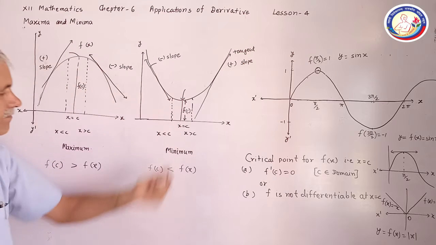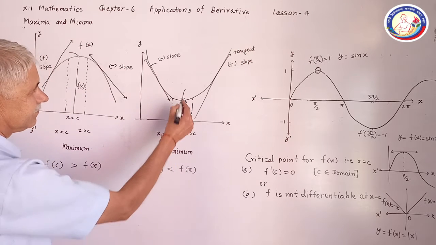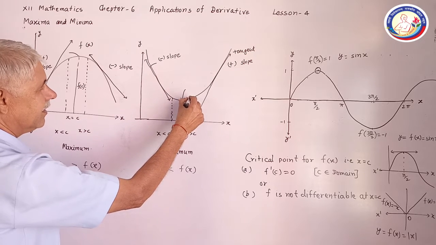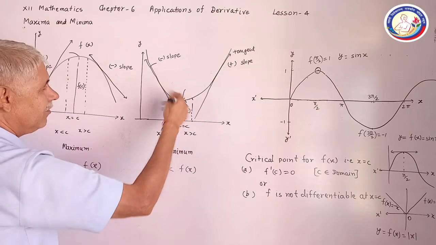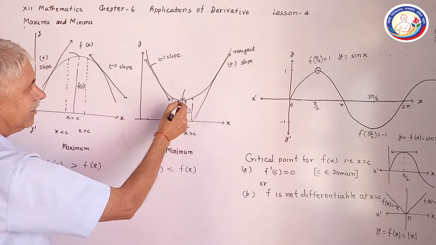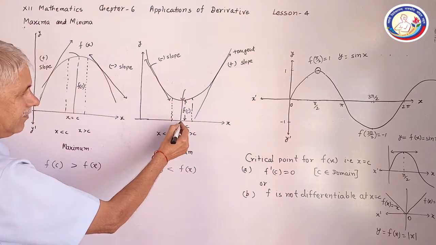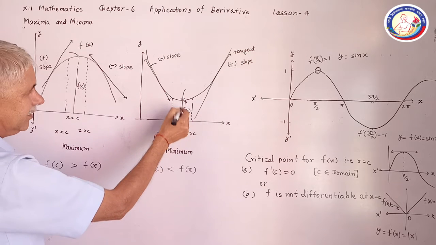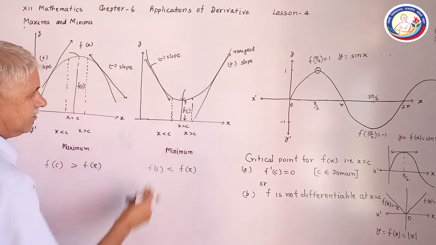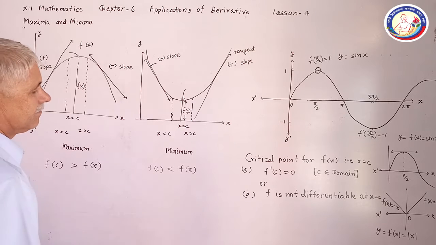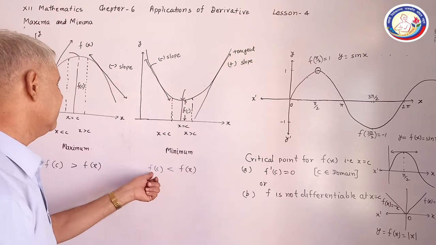And here, if this condition occurs, say here the value is greater than f(c), again greater than f(c), all values are greater than f(c) in the interval, and on this side of c, in the neighborhood of c, all values are greater than f(c). It means f(x) is greater than f(c).